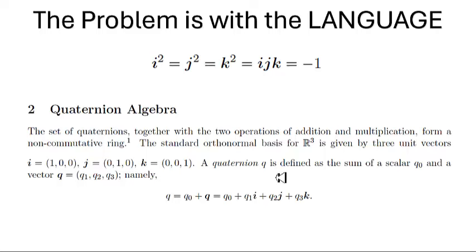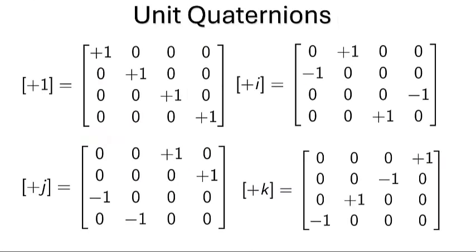The I, J, and K in quaternions correspond to maybe clockwise and counterclockwise. If this is clockwise, then the complex conjugate of this would be counterclockwise, and if this is counterclockwise, then the complex conjugate of this would be clockwise.